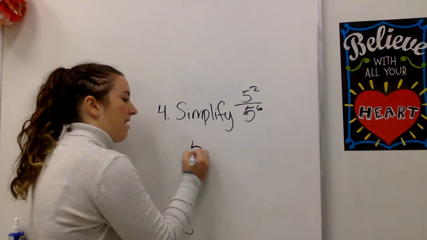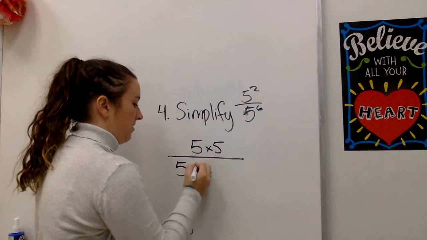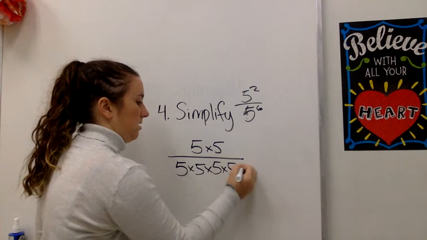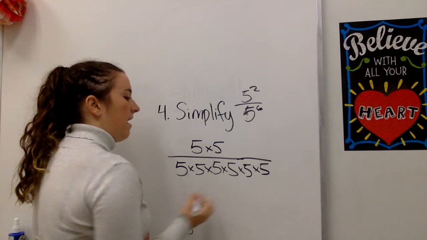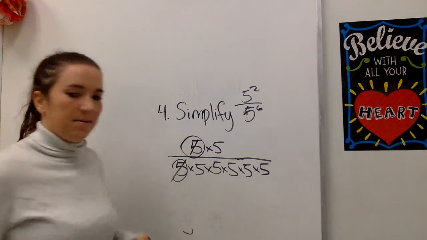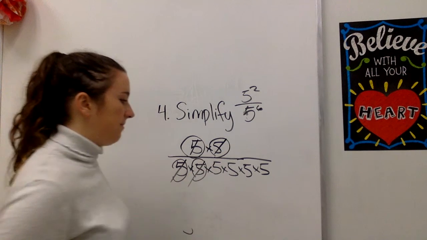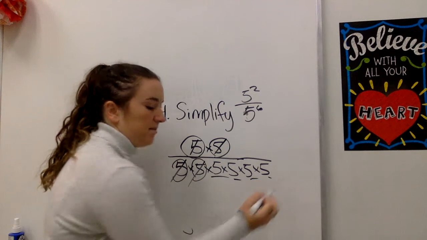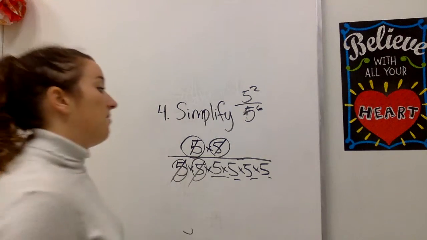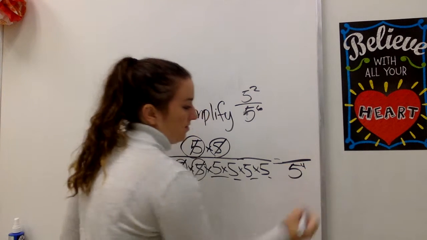So I have 2 5s on top and 6 5s on the bottom. Now I'm going to cross off 2 pairs of 5s because that's the same as multiplying by 1. Then I can do that one more time. I have 4 5s left. Are these 5s in my numerator or my denominator? Right, they are in my denominator. So my denominator is going to be 5 to the 4th.